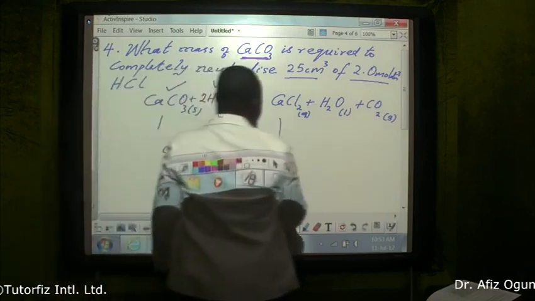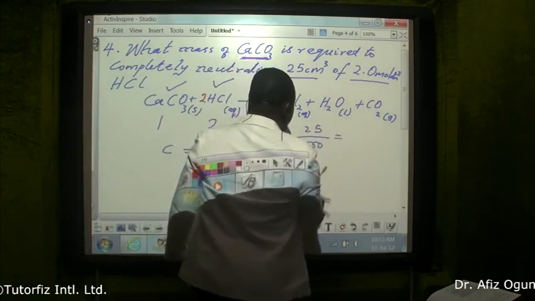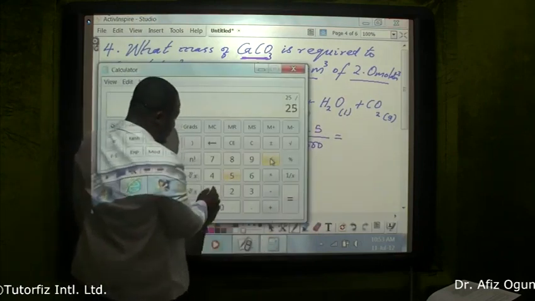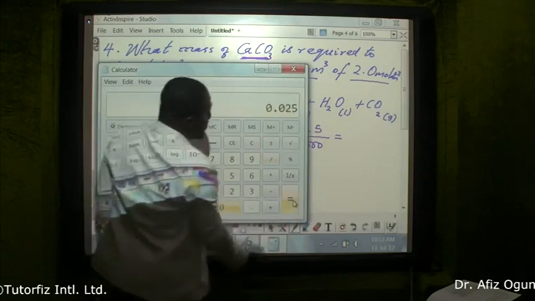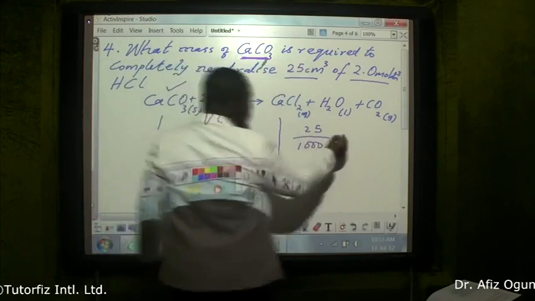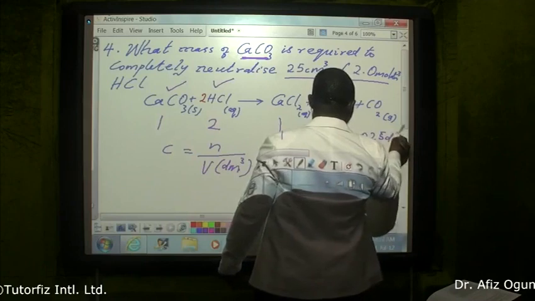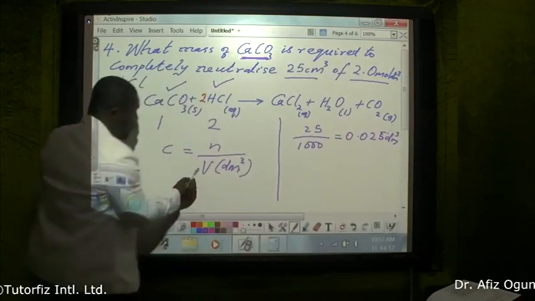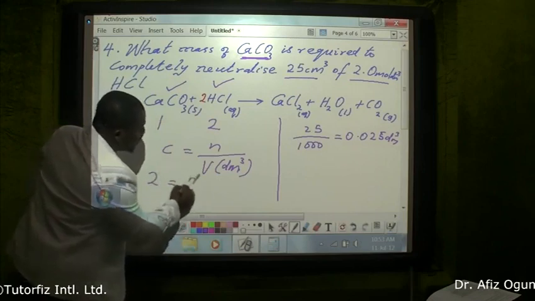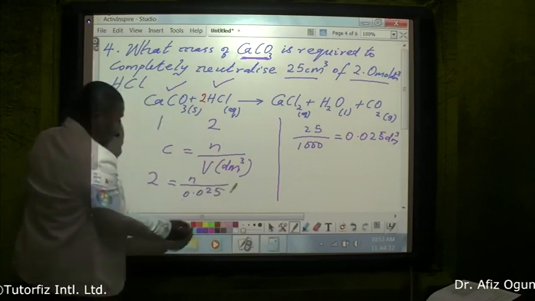I convert it to dm cube first: 25 divided by 1000, which is 0.025 dm cube. So I can now say my concentration, which is 2, equals n, which I don't know, divided by 0.025. I cross multiply again.